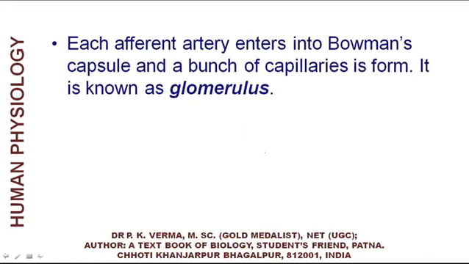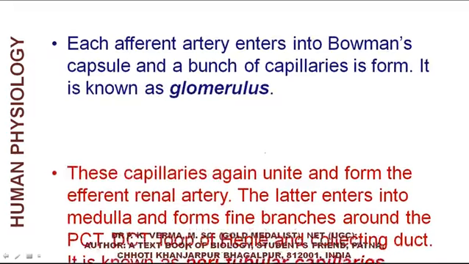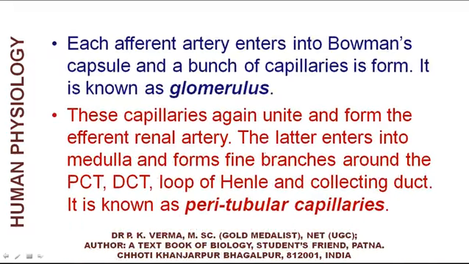Each afferent artery enters into Bowman's capsule and a bunch of capillaries is formed. It is known as the glomerulus. The glomerulus and Bowman's capsule together form Malpighian corpuscles, and these are the sites of filtration of blood plasma.